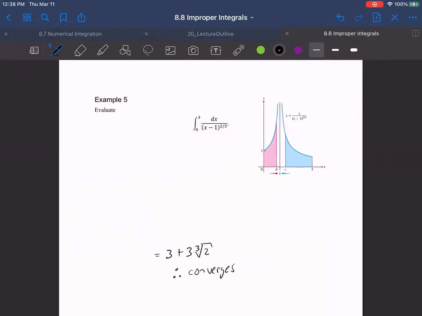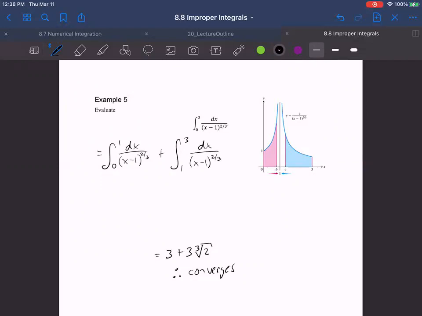One from 0 to 1, so in other words, integral 0 to 1 dx over x minus 1 to the 2/3 plus integral 1 to 3 dx over x minus 1 to the 2/3. So do both of those.